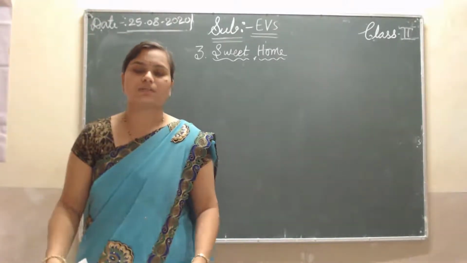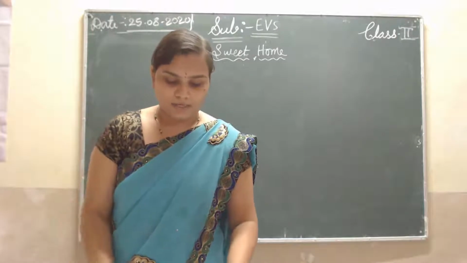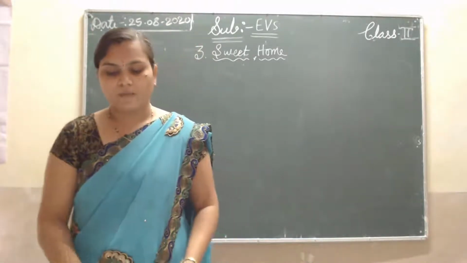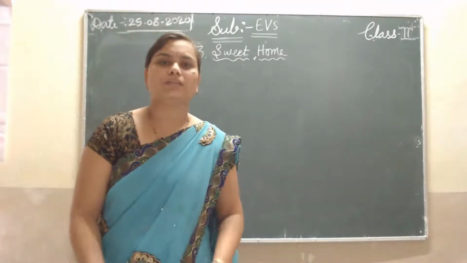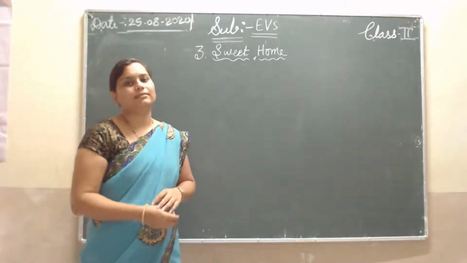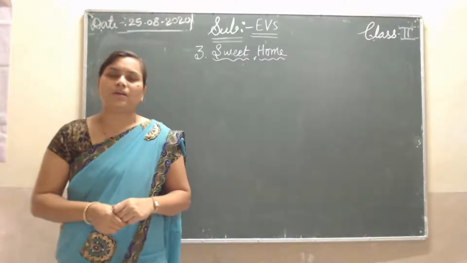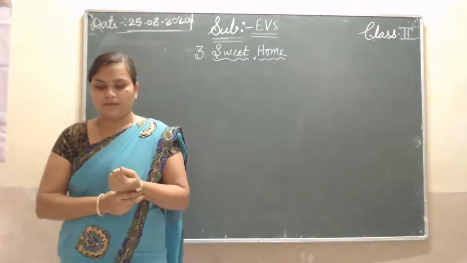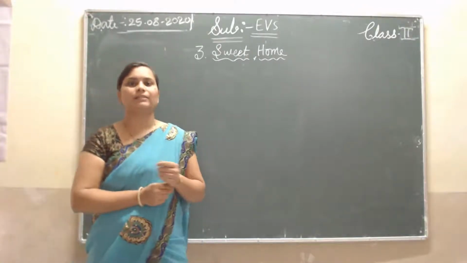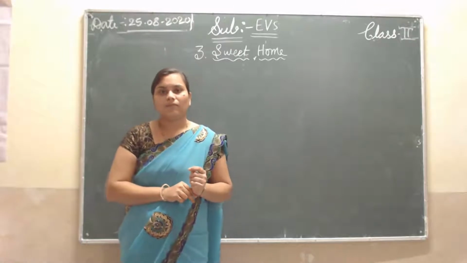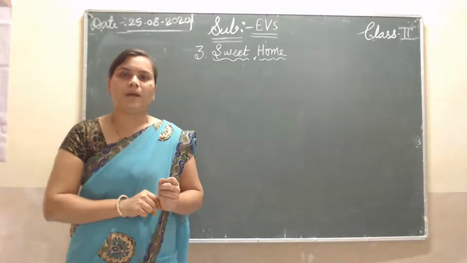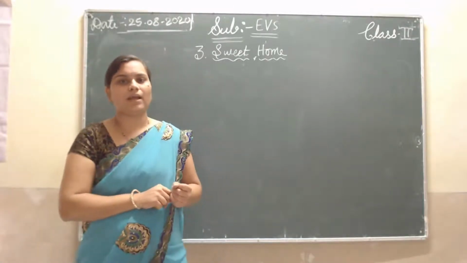Next, houses on wheels. We learned about nomads. Nomads are the persons who do not stay in one place. They move from place to place. We call them nomads. Nomads live in caravans. A caravan means a home that has wheels. It is pulled by horses, bullocks or vans.